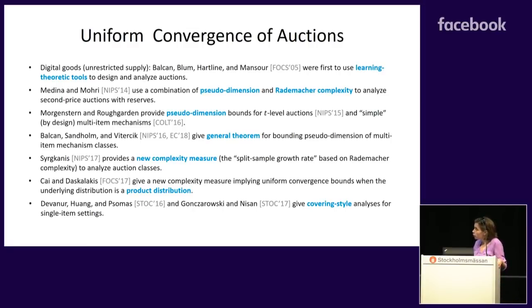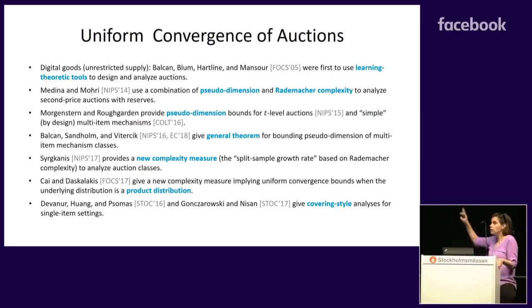Recent work by Tuomas, Ellen and me that appeared in EC this year gives a very general theorem for finding the pseudo dimension of many, many mechanism classes. And there is also other work that analyzes other notions of complexity, like Rademacher complexity or covering numbers, again for these mechanism classes.